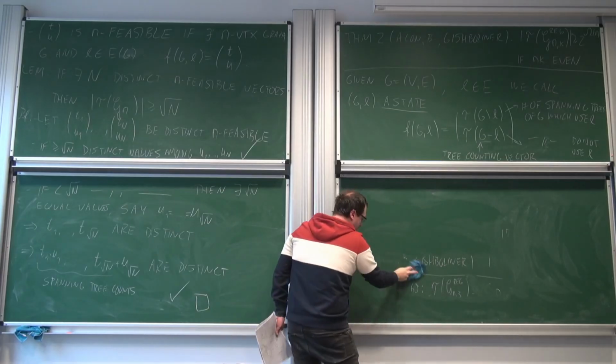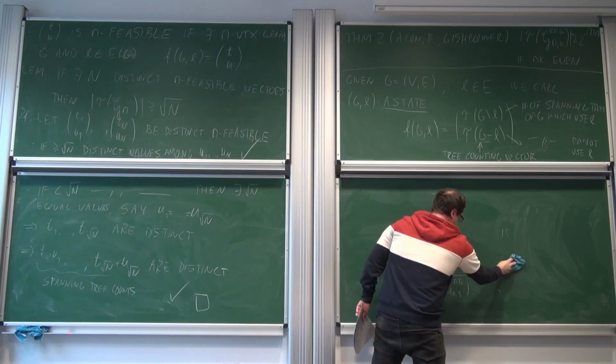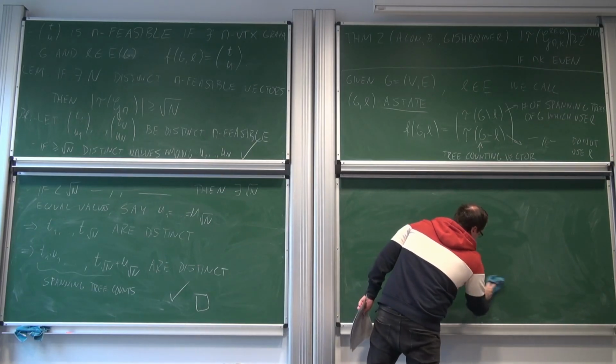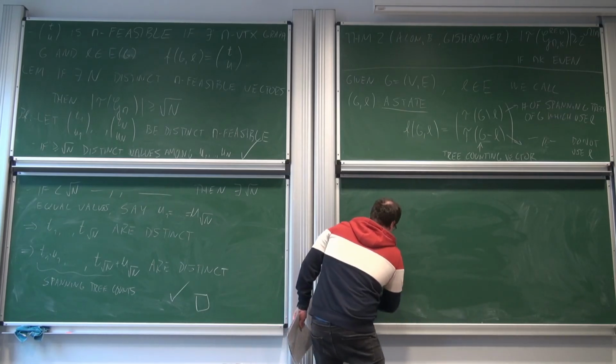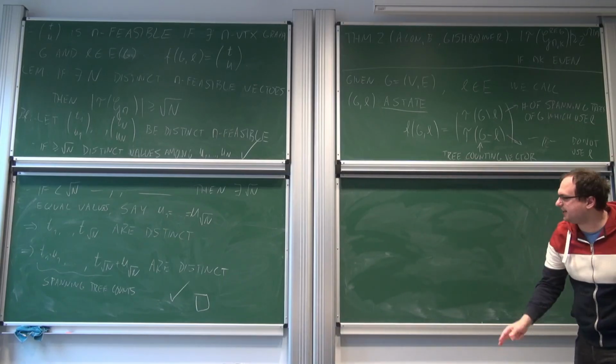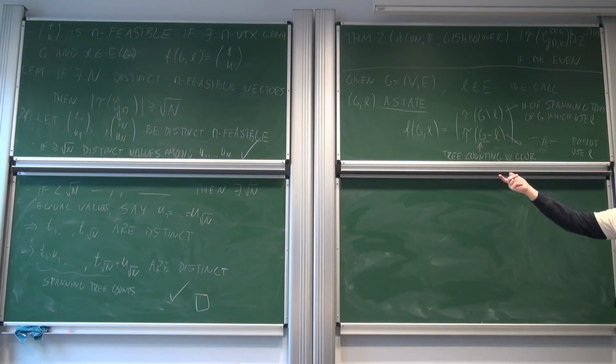So I want to have two operations on a graph that I can perform, and after I perform them, I want to maintain, kind of understand what happened to these tree counting vectors.